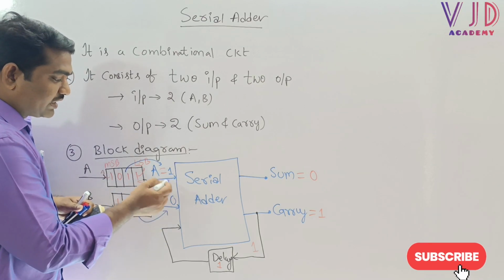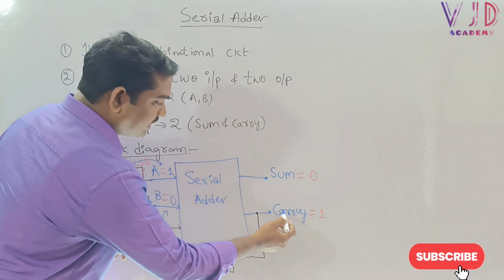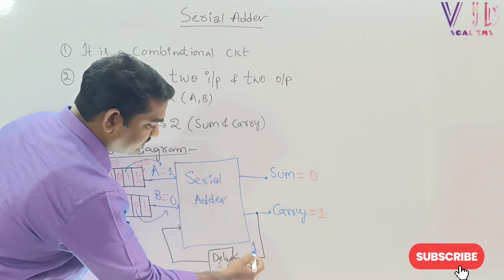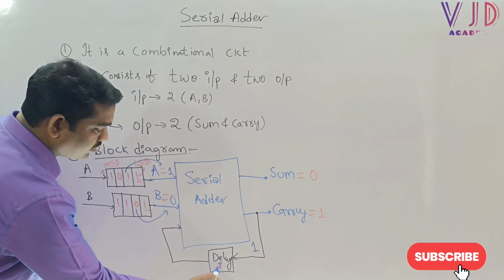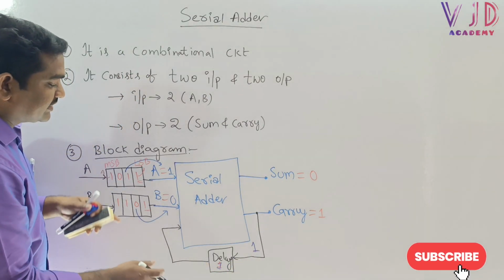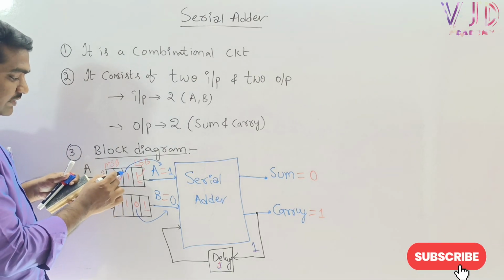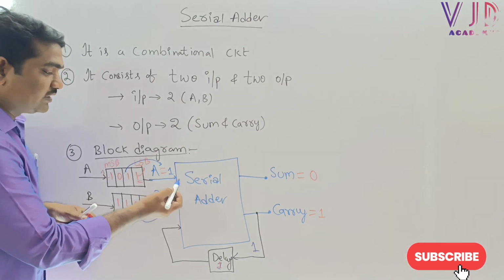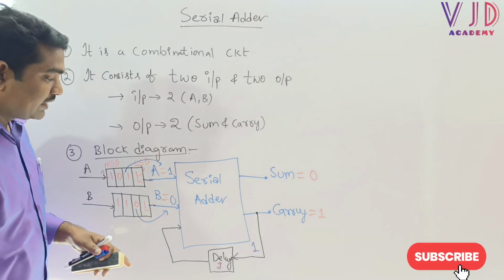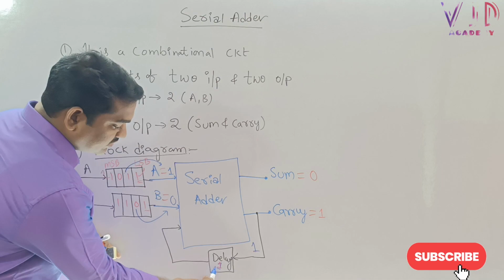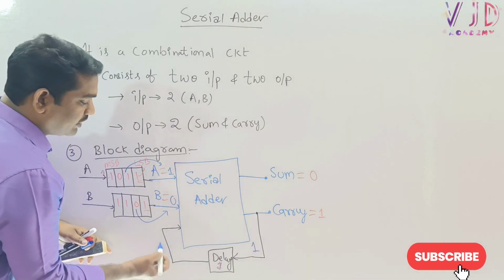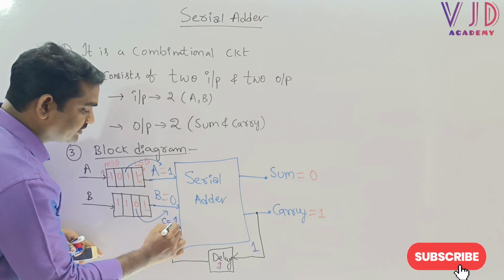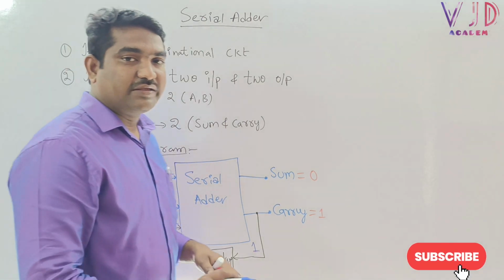The moment we add these two, the previous carry, which is 1, will also come. We store this carry bit up to the next bit, until the second bit becomes available for the addition. For that delay we store this carry bit, and then we make it available here. This is called C equal to 1.